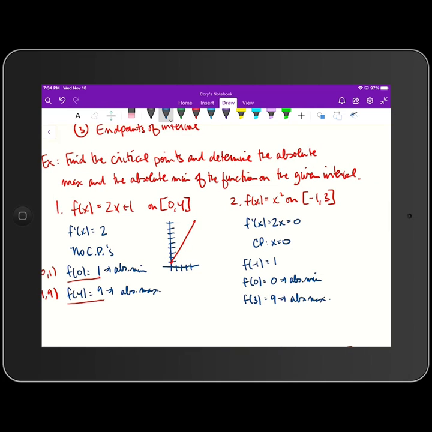And if we sketched a graph of this function on the interval from -1 to 3, graphically this function would look like this. If we graphed x squared, it would look like so.